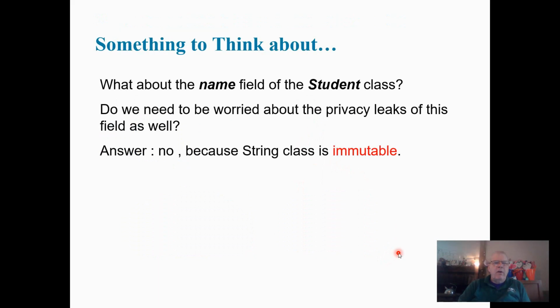So why are we not worried about the name field? Well, because those are all strings, and the string class itself is immutable, which means unchangeable. That's a unique thing for strings.